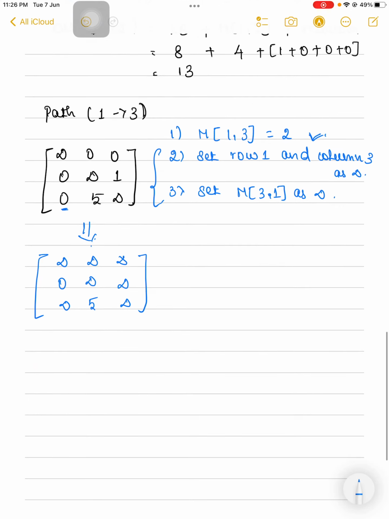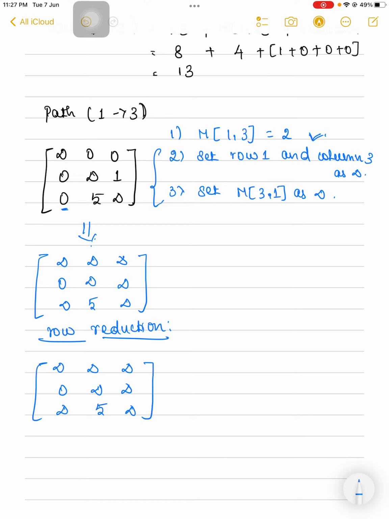So row reduction, take the minimum value from the entire row. When you take the first row, all are infinity, so it is null, and in the second row it is 0, and in the third row it is 5. So the row minimum is taken. Now it's time to subtract the row minimum from the entire row, so there won't be any change in the row 1.